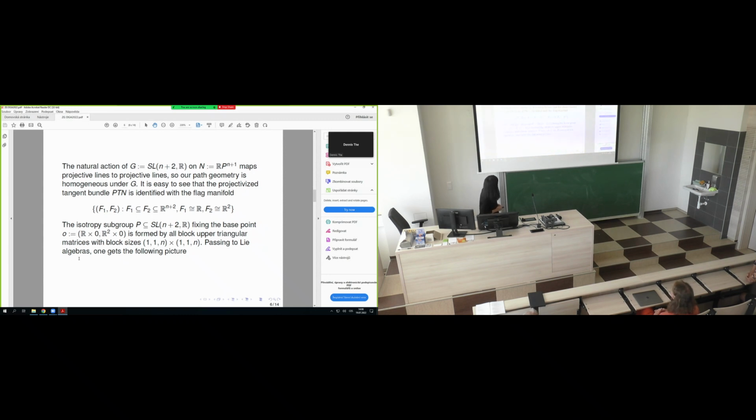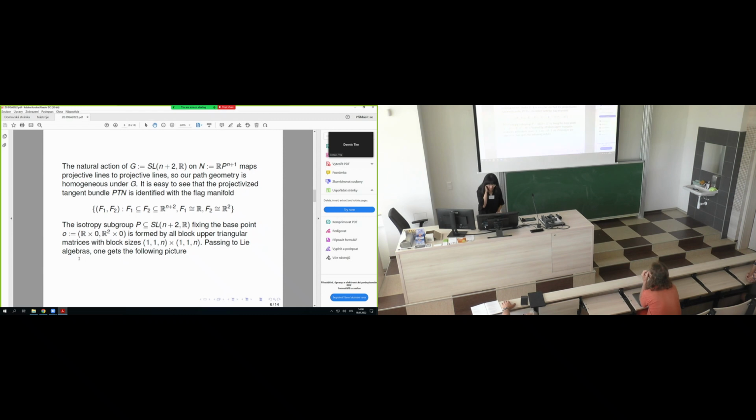And our PTN is identified with the flag manifold of lines contained in planes in R^(n+2). And we choose a base point, then the isotropy group under the action of G is the block upper triangular matrices of block size 1, 1, n.